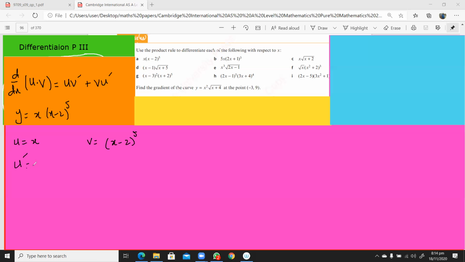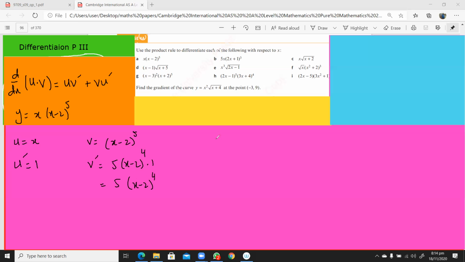So u dash, you must know the derivative of x, which is going to be 1, and then v dash is going to be 5 into (x minus 2) raised to power 4 times 1. So this is simply going to be 5 into (x minus 2) raised to power 4.